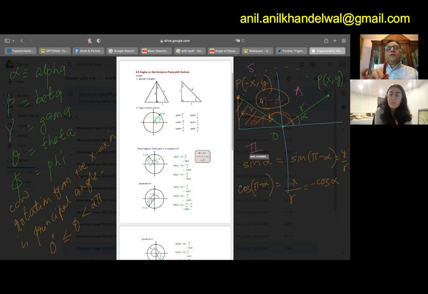In quadrant 2, only sine is positive. Therefore, for pi minus alpha, you are in quadrant 2, only sine will be the same, others will be negative. So I could also write this as tan of pi minus alpha equals minus tan alpha, because in the second quadrant, tan is also negative. Do you understand the concept?